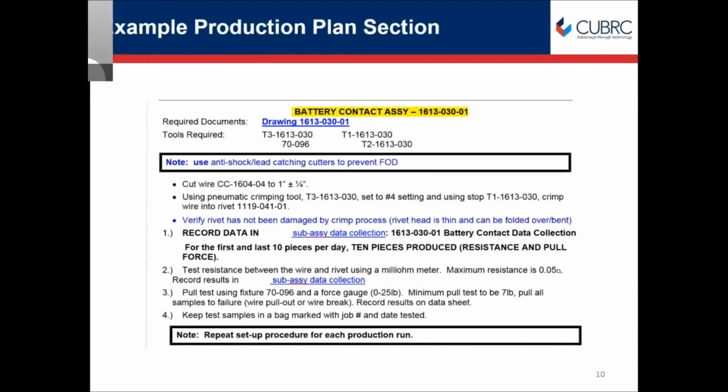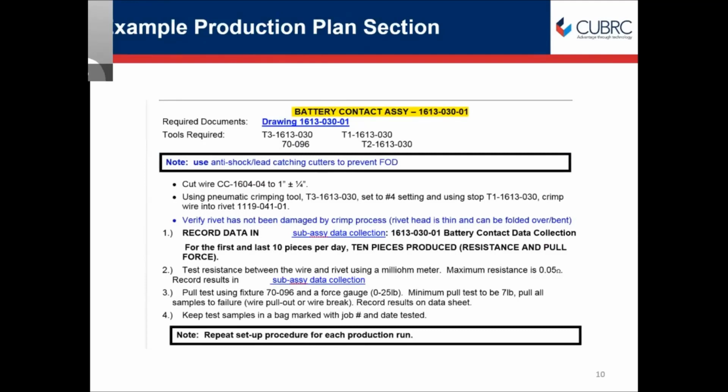So that's one problem that we want to tackle here. And the other problem is, here's a set of production plans, a very small snippet of an overall production plan for creating, in this case, just a very small part of the battery contact subassembly.